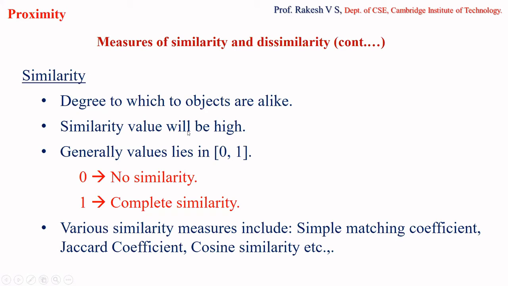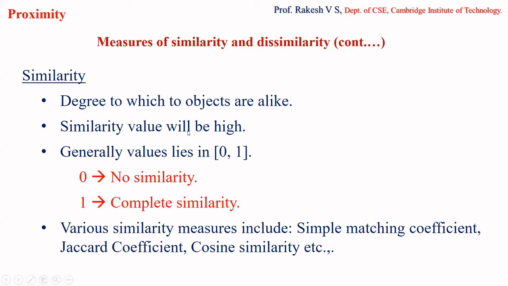Now, various similarity measures include the simple matching coefficient, in short called SMC, Jaccard coefficient, cosine similarity, etc. In examination, you will get problems with respect to any one of these. In most of the papers we have got problems on the Jaccard coefficient and cosine similarity. We'll see each one of these techniques. We have a few more measures, and we'll see everything one by one.